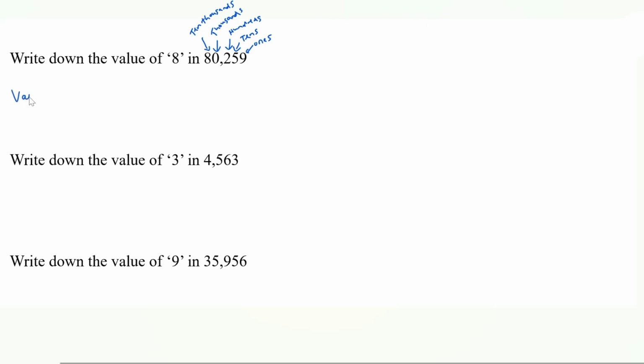So the value of 8 in this number will be 8 multiplied by 10,000, which gives us a value of 80,000.